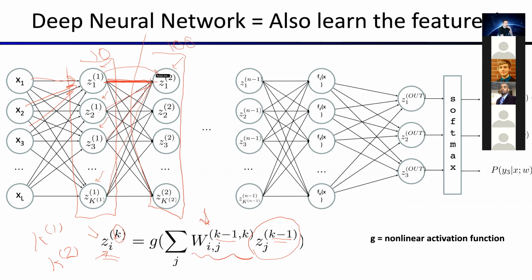And if this link is thinner, it means the connection is less important compared with the other connections. And then you pass it through some nonlinearity in order to calculate the activation for each of these nodes.